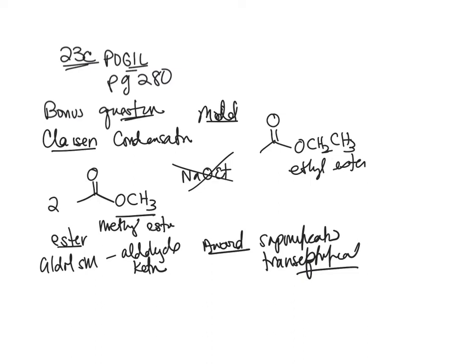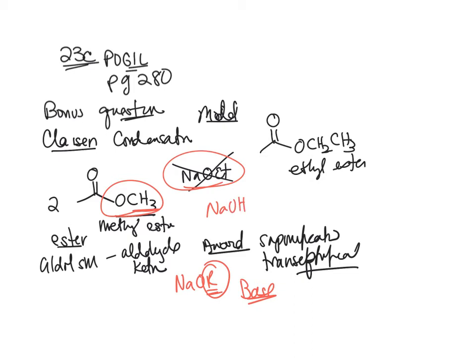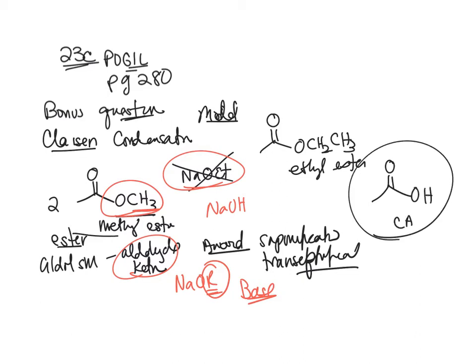You want to use sodium methoxide, or sodium alkoxide NaOR, where this R matches whatever ester you have here. Remember I said the hardest thing is putting these together, but also figuring out what base to use. You don't want to use sodium hydroxide. That's what you use for the aldol, because if you do that, you're going to convert this starting material into your carboxylic acid. So we do not want to do that with our starting material.